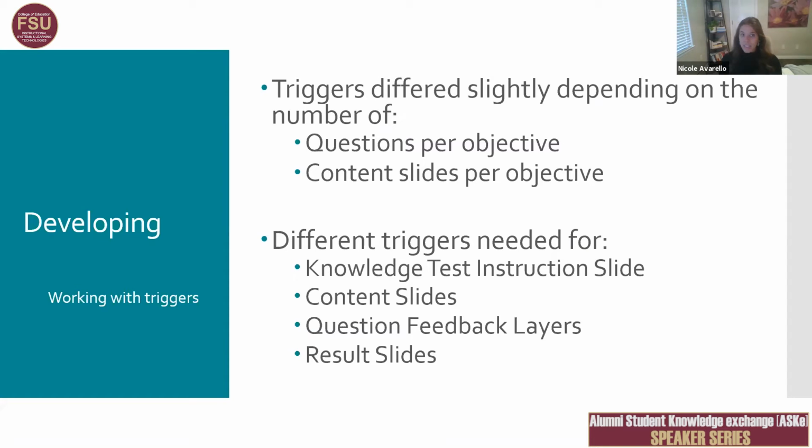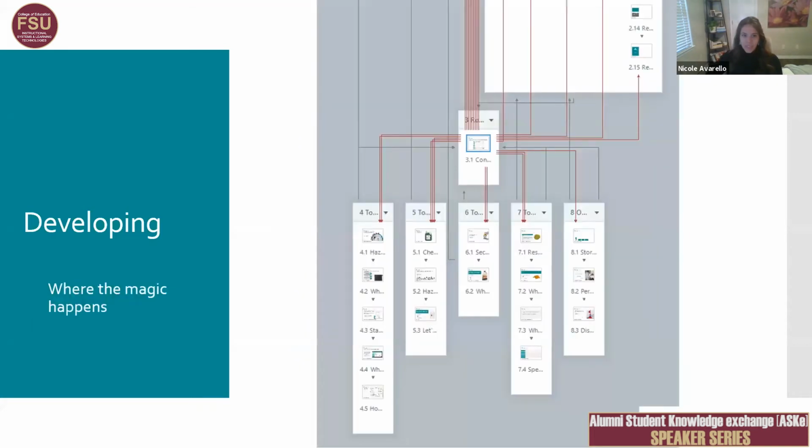These triggers differed slightly depending on the number of questions and the number of content slides within each objective. We also needed different triggers for the different types of slides that we had in the course. There was a knowledge test instruction slide, we had content slides, question feedback layers, and a results slide.